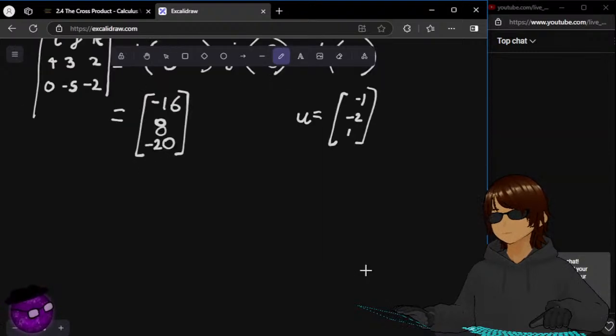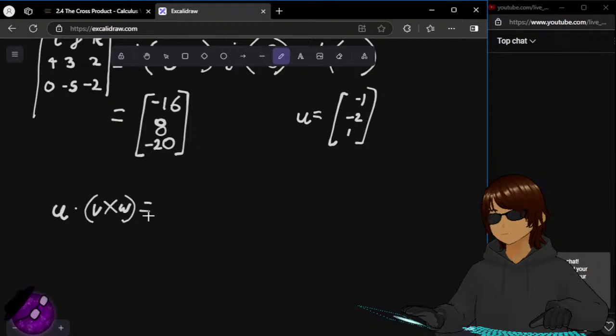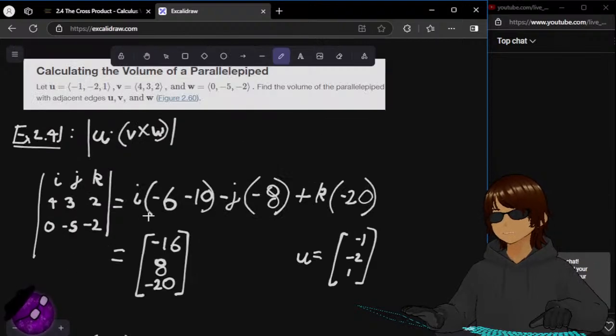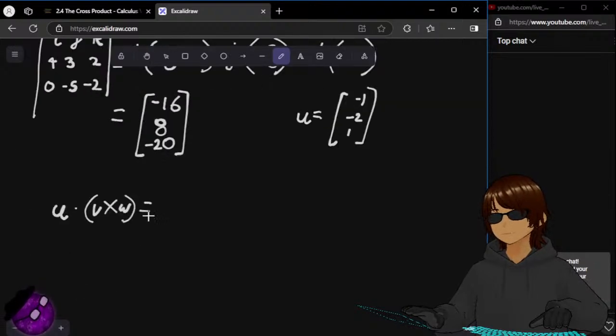So this gives this times this plus this times this plus this times this.